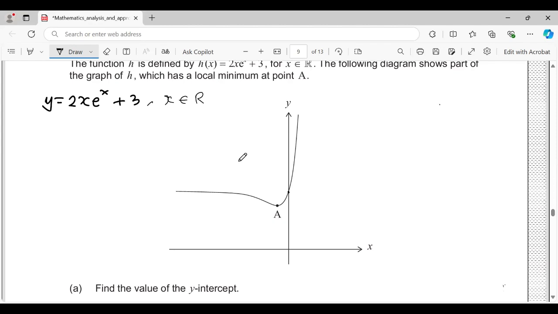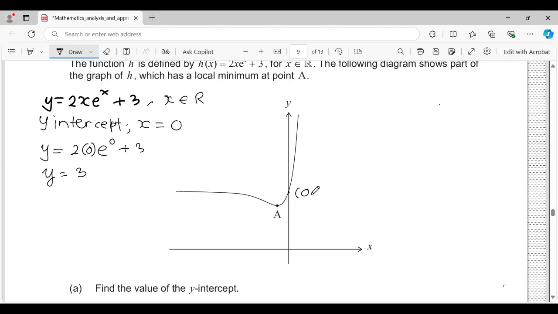So the y-intercept happens if x equals 0. If x equals 0, this function becomes y equals 2 multiplied by 0 e power 0 plus 3. So y equals 3. So the intercept point, this coordinate point, is (0, 3).